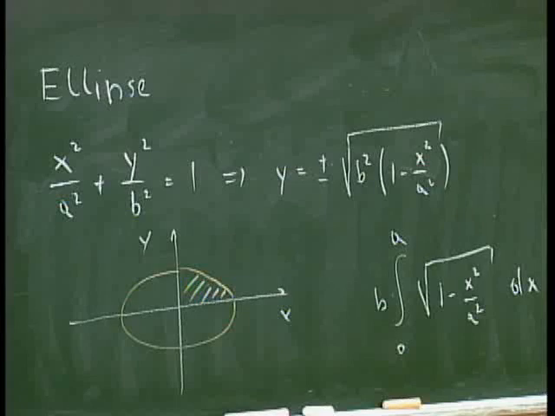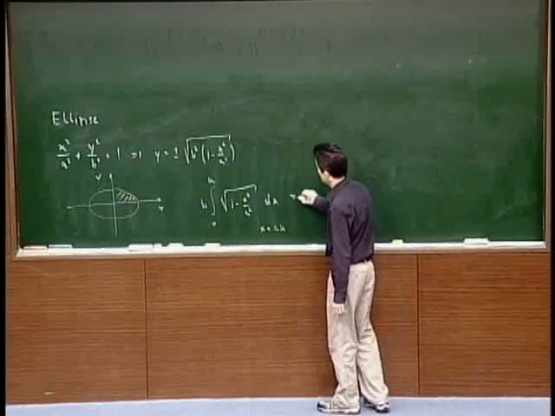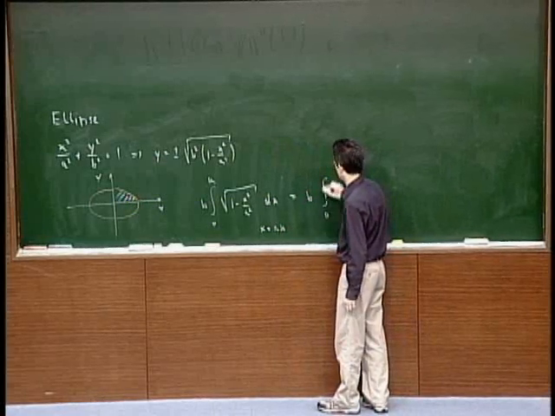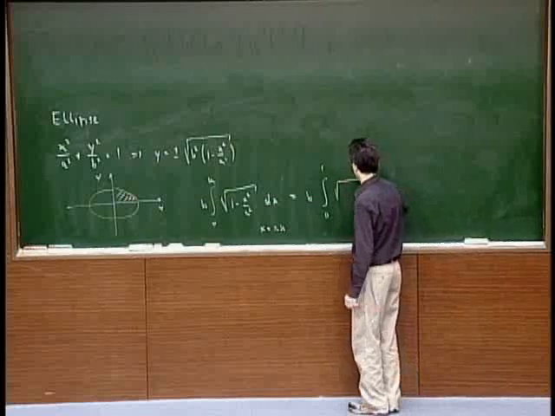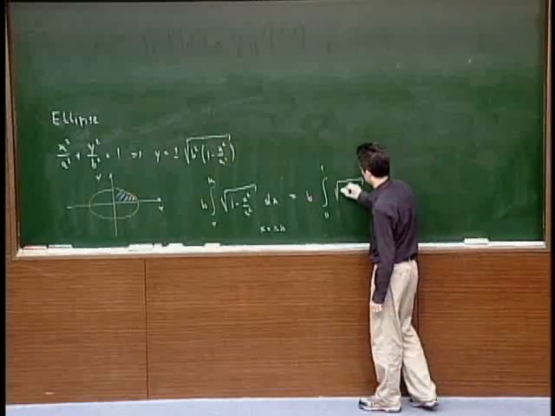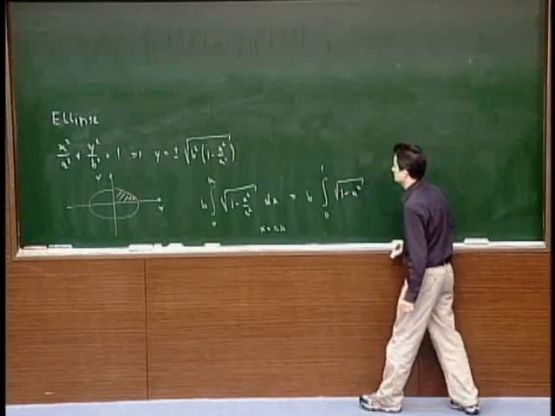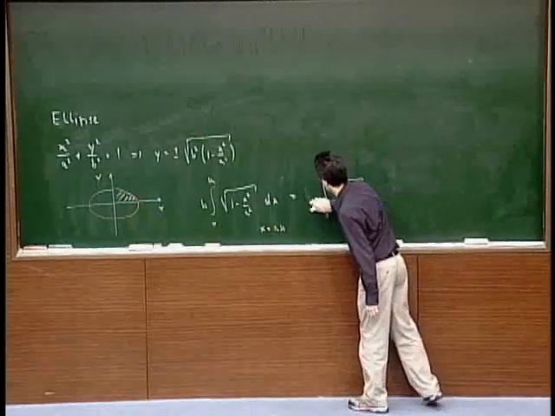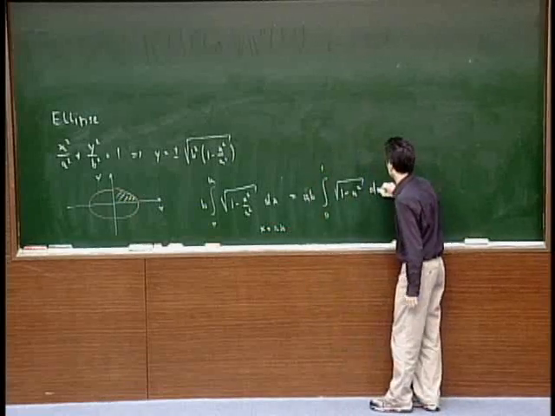In order to solve this, you could either use the machinery, or even easier, you substitute x equal to a times u. Then this becomes b times the integral from u equals 0 to 1 of the square root of 1 minus u squared, times a du.